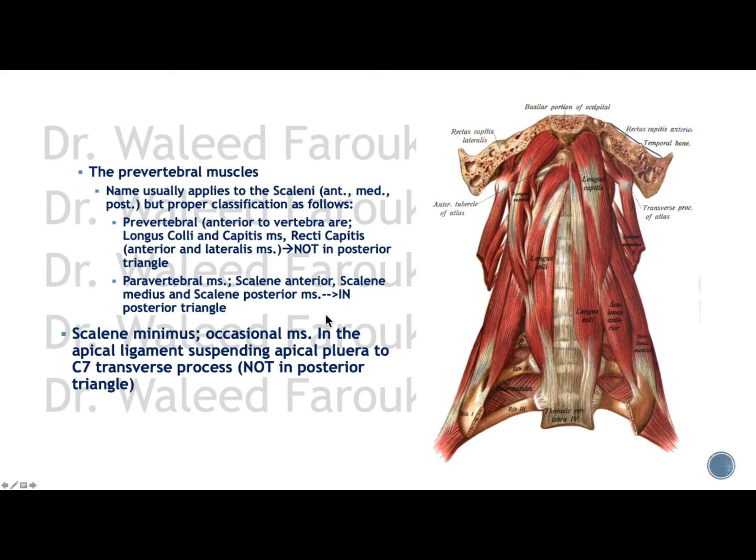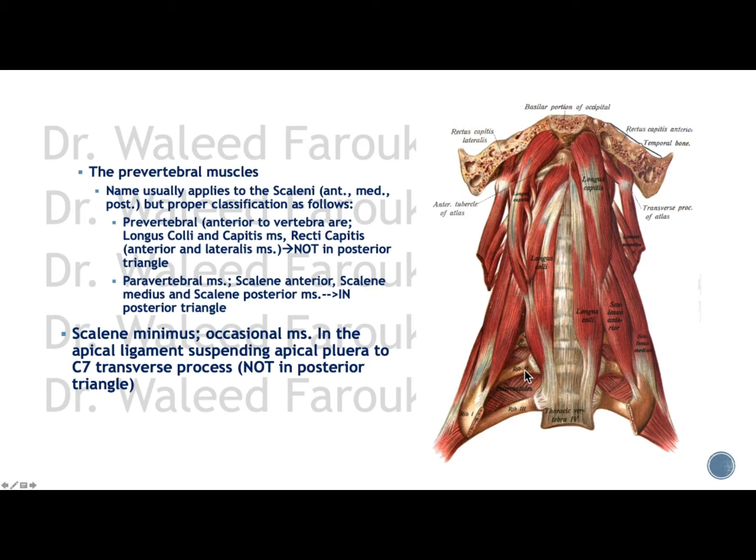Now, there is an occasional muscle called the scalene minimus. See this space in the concavity of the first rib? The upper part of the pleura comes here and ends level with the neck of the first rib posteriorly, while anteriorly it's at a higher level than the manubrium and rib, because, as you see, the thoracic inlet has an oblique slope, anterior being more inferior than posterior.